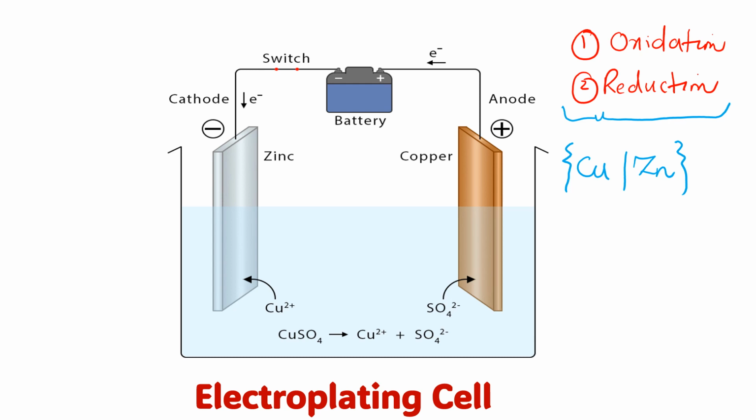If we consider the copper side of the electroplating cell, copper is connected with the positive terminal of the battery. Positive terminal of the battery means that copper acts like an anode. An anode has an ability to pull electrons away. Okay, so it will pull an electron.